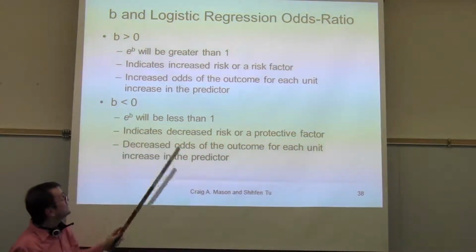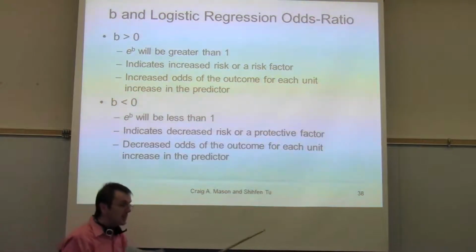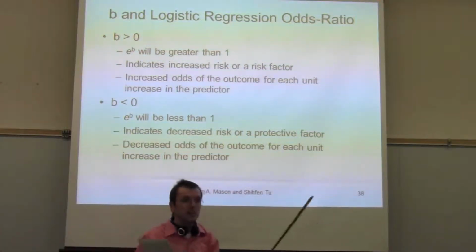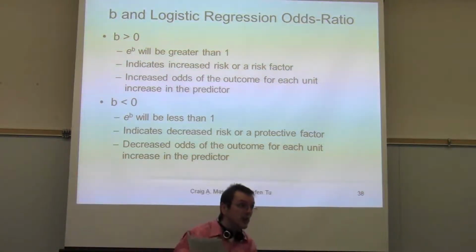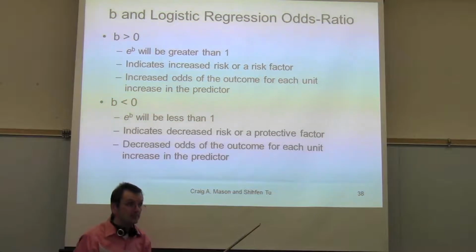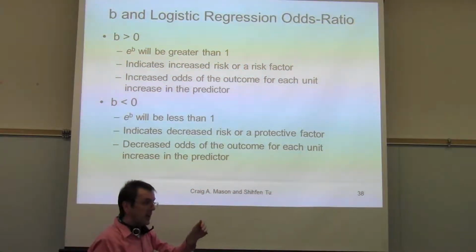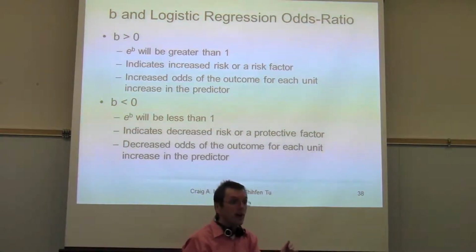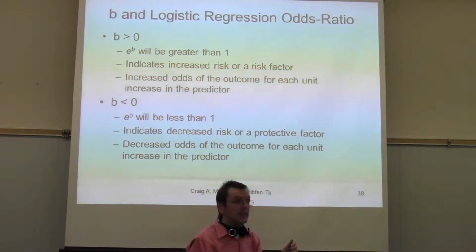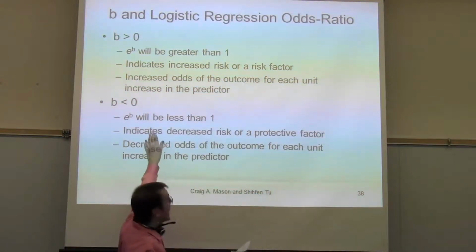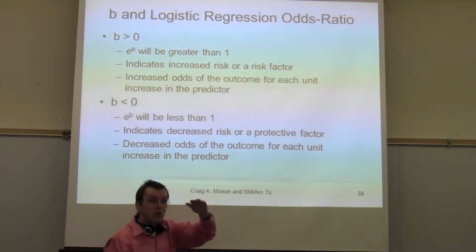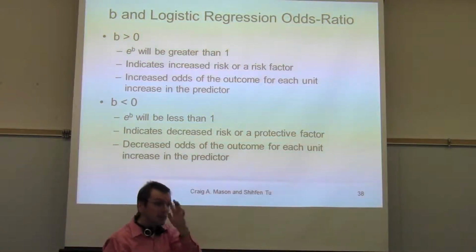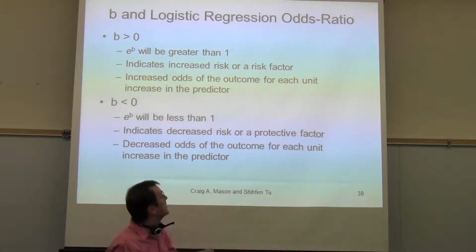If the regression coefficient's less than 0, then e to the b, the logistic regression odds ratio, is going to be lower, which means a unit increase is going to lower the odds. So say if e to the b is 0.5, so b is negative, the odds ratio won't be negative. It'll be less than 1.